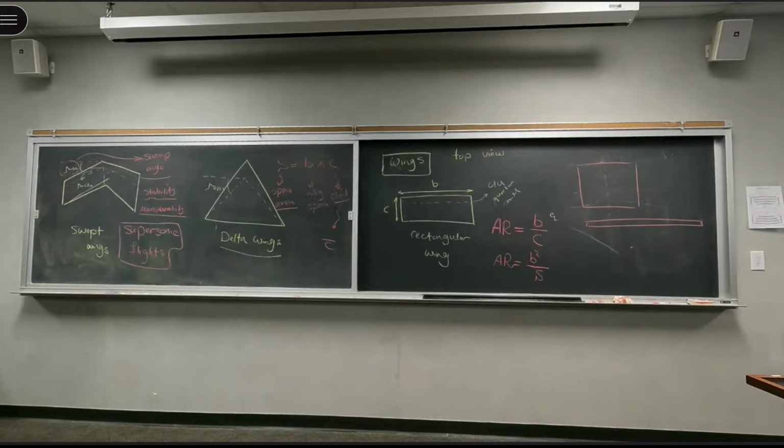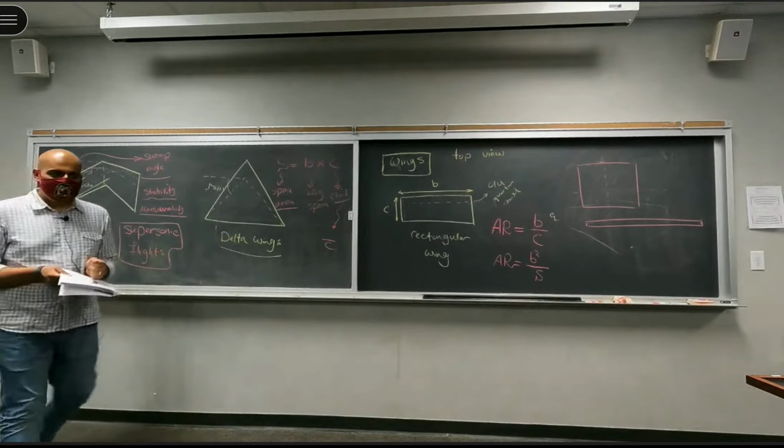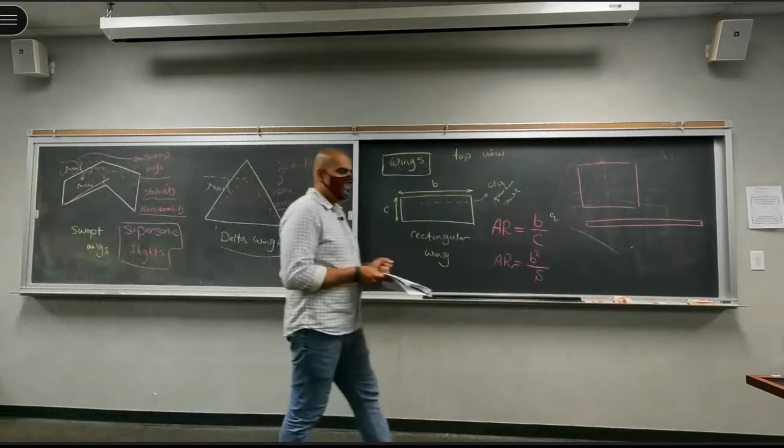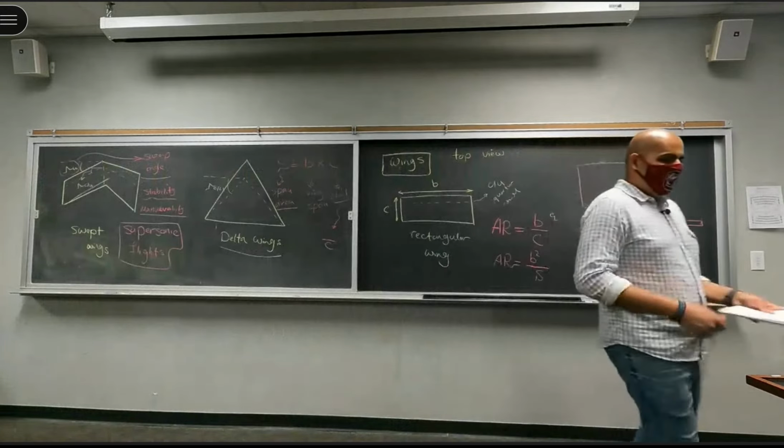I think it makes sense visually, like it has a certain ratio to the length. I think you just have to have an aspect ratio like 3 or 4 or something. If not, then maybe it would not generate enough lift.